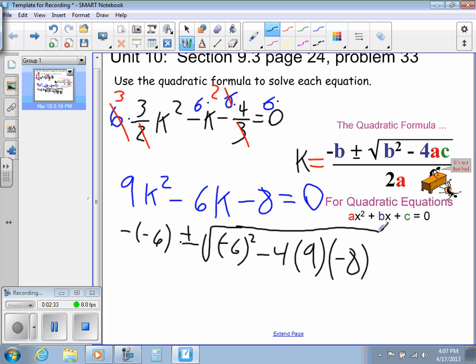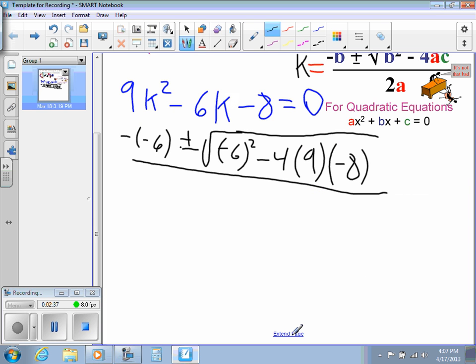And that's all over, extend this a little bit, 2 times, and my a is 9. Looks like a 9. Yeah, let me fix it. There we go, now it looks like a 9.